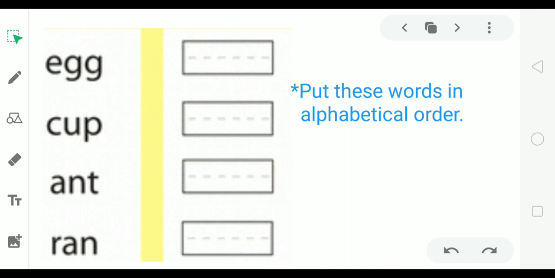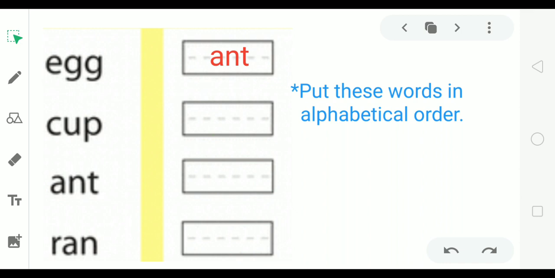Ant, egg, cup and van. These words are not in alphabetical order. We look at the first letter of each word. The word that begins with letter A comes first, so ant will come first.